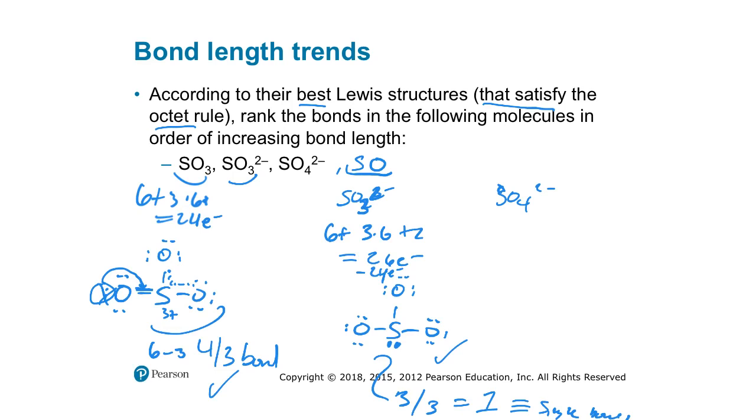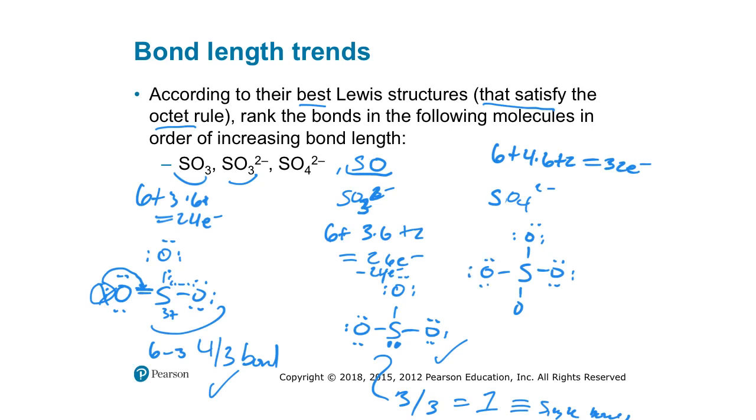So for SO4 2 minus, central sulfur, 4 oxygens. We didn't add these up, but it's 6 plus 4 times 6 plus 2. That's 32 electrons. So that's electron pairs all the way around. None left over.